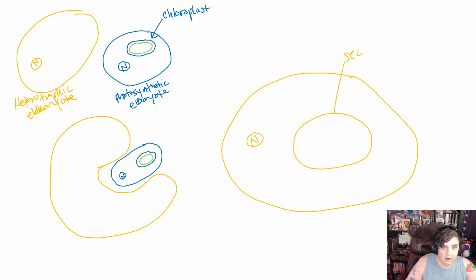So secondary engulfing membrane, right? So it's our secondary engulfing membrane, right? And then notice that there are 2 blue membranes around this photosynthetic eukaryote over here, right?